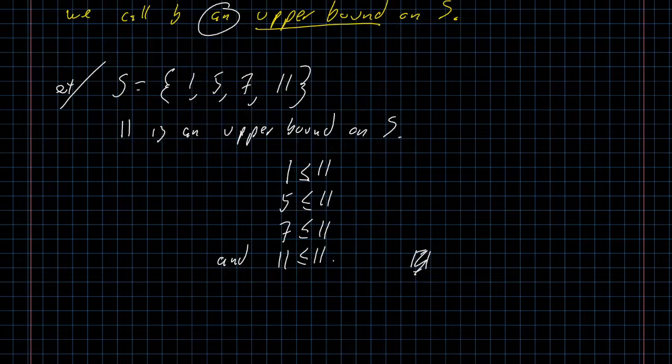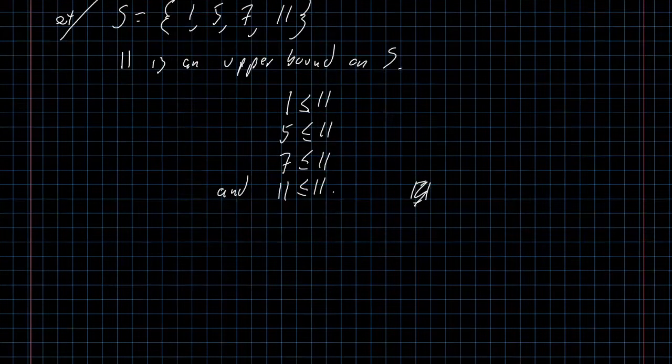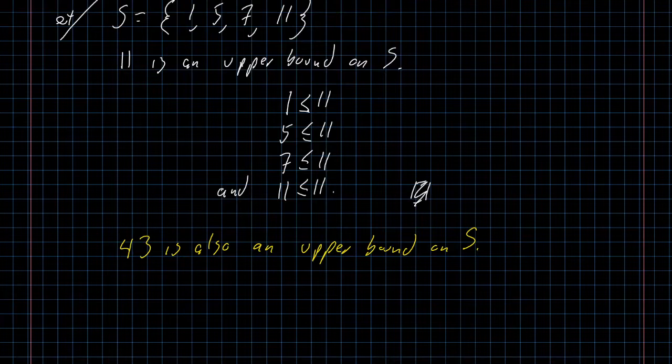Here's the issue with this definition. 43 is also an upper bound on S. Where did I come up with 43? I pulled it out of thin air. I found a number.